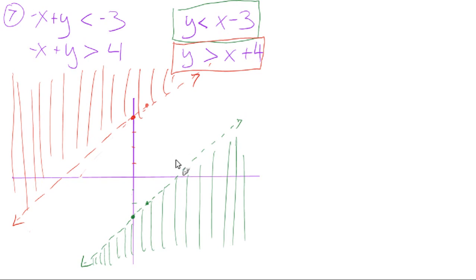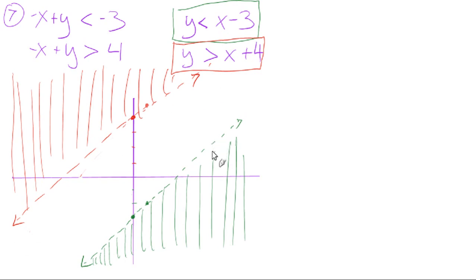So if we want a solution for both of them, we would need to see where the shaded region of the red one is in the same place as the shaded region for the green one. Will these shaded regions ever overlap? Well, these both have the same slope, so it means they're parallel, which means they'll never intersect, ever.